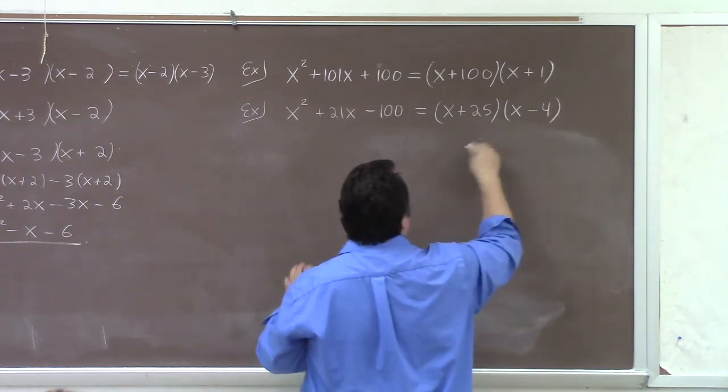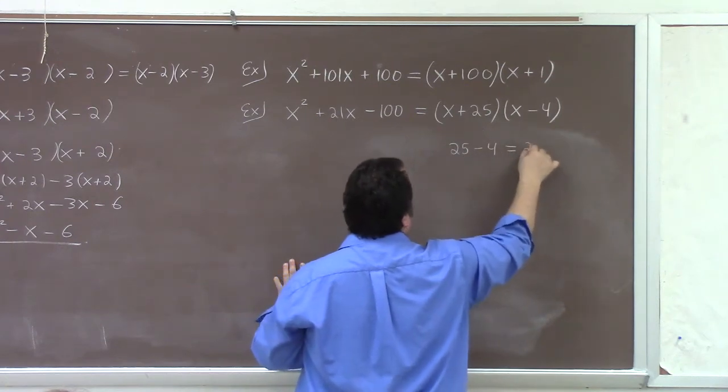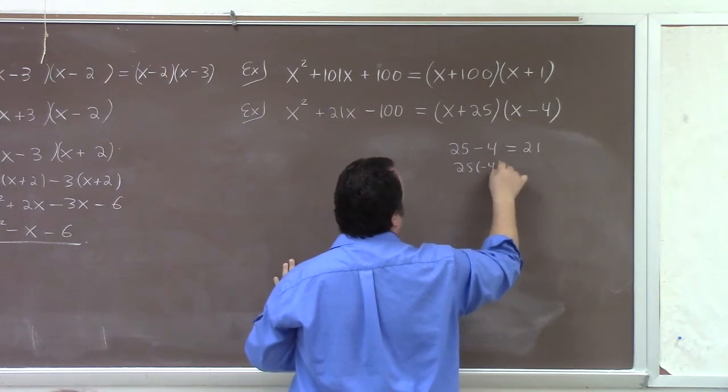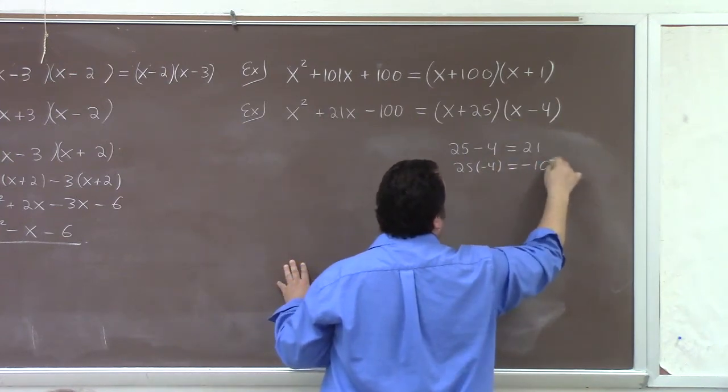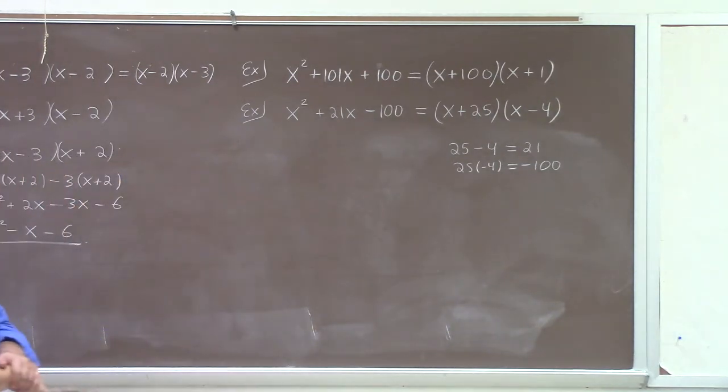So let's see here. Notice that we're going to get 25 minus 4 is 21, right? And 25 times minus 4 is minus 100. So I think about those two bits of arithmetic to check whether or not the factoring is right. And I bet that's what you're doing too, right? Yeah.